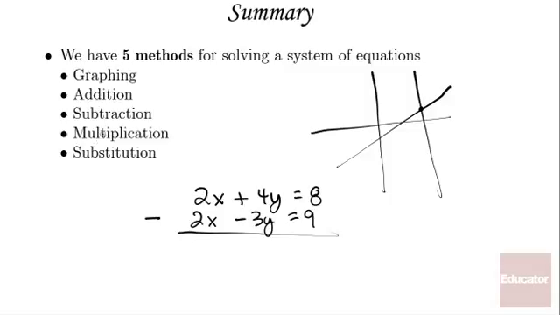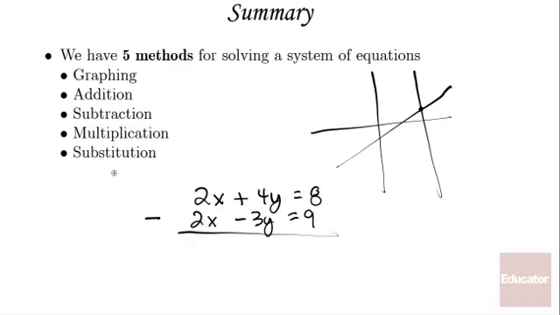What we also saw is that sometimes you need to perform multiplication in order to get the equations in a form where you could add or subtract so that a variable would drop out. You may have to multiply one equation. You may have to do both in order to get coefficients that are the same or opposite so you could add or subtract and have a variable drop out.